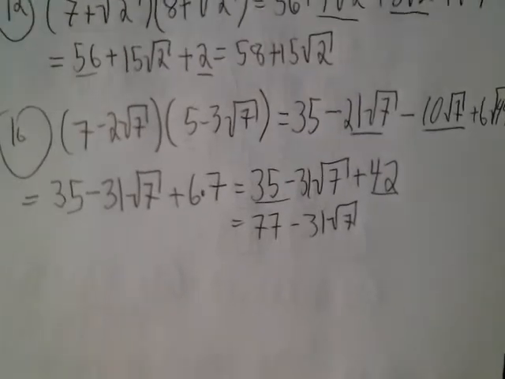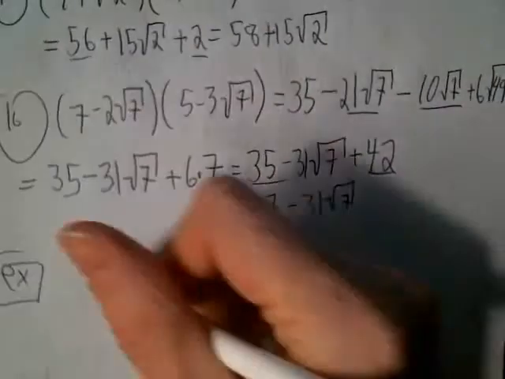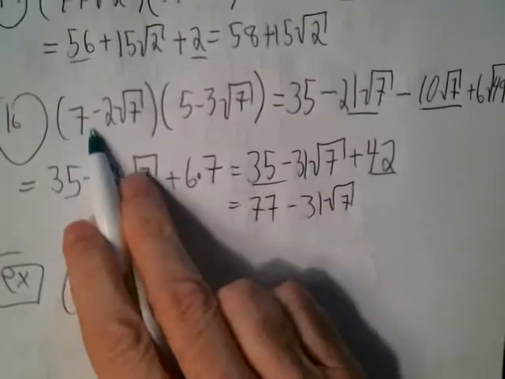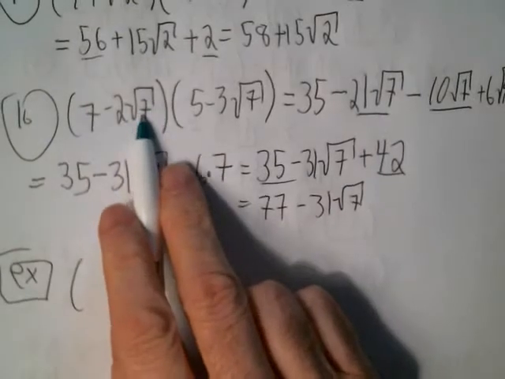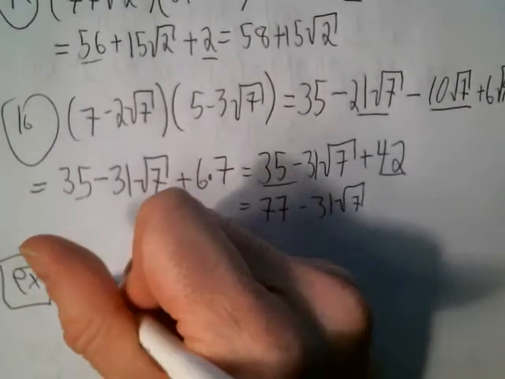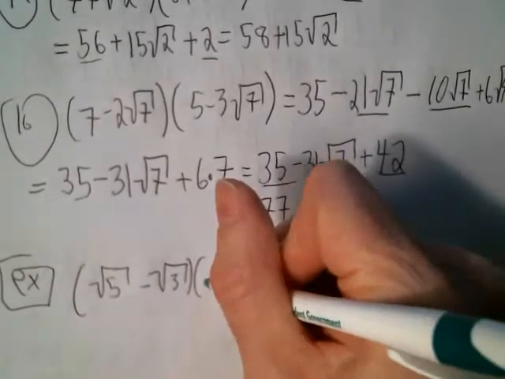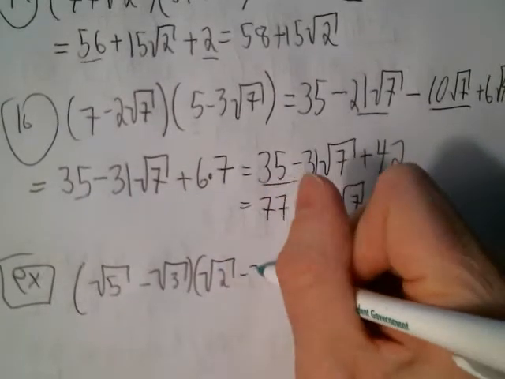Let's look at some more examples then. This one has all radicals in it, so instead of having, like, 7 and then a radical here and then a constant with a radical over here, we have radical 5 minus radical 3 times radical 2 minus radical 10.